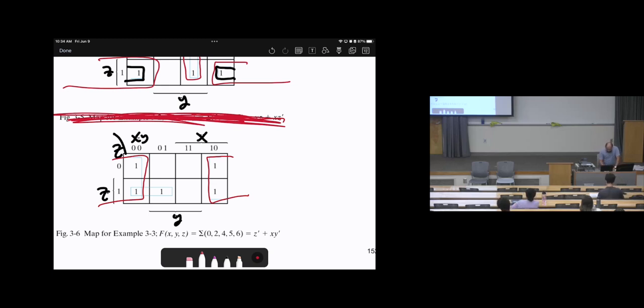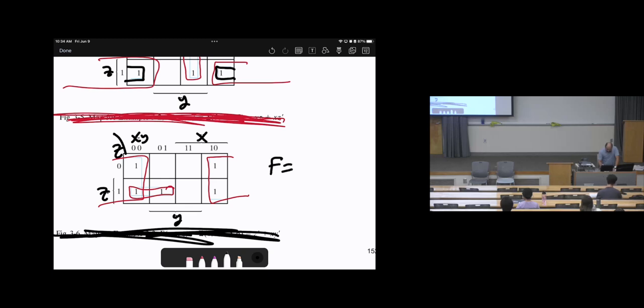So we can group these edges, and this one alone, we don't prefer to make it alone, so we group it with the others. As a result, the function f will be y bar, which is located in the y bar zone, plus x bar z, located between z and x bar. Okay? Any question? Keep in mind, when you do the groups, you can group the edges. It will be okay.